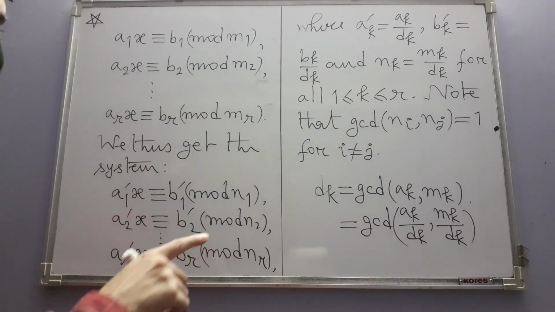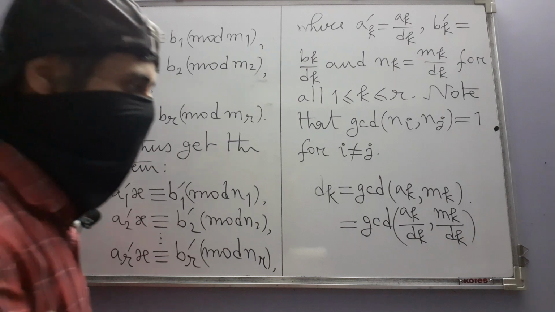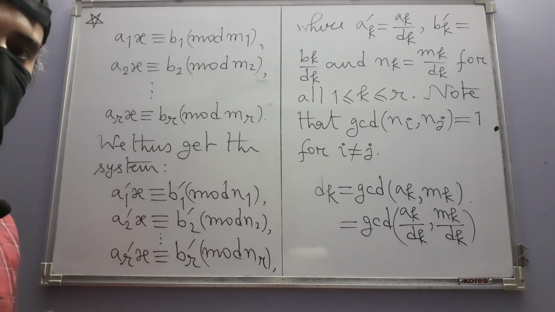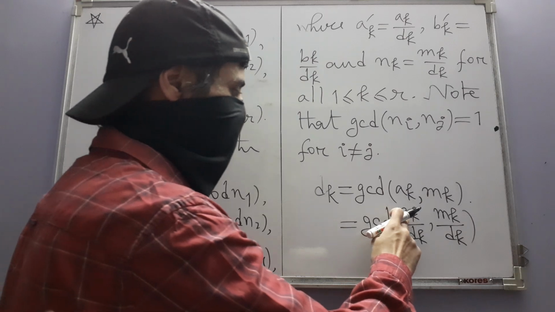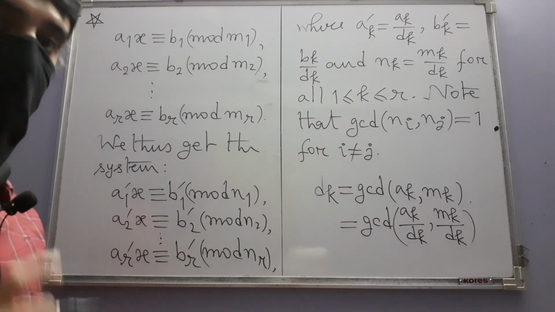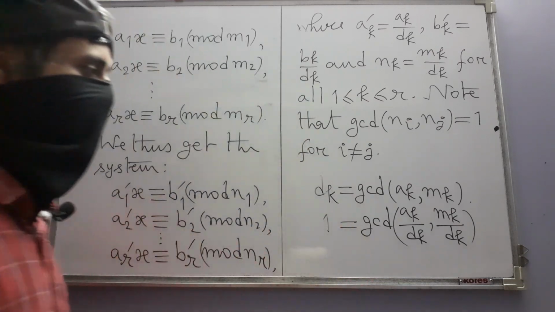From a result about GCDs, if you go back there, you will see that when you divide the given integers by the greatest common divisor, they do not have any common divisor left between them except 1. And that is why the GCD becomes 1.